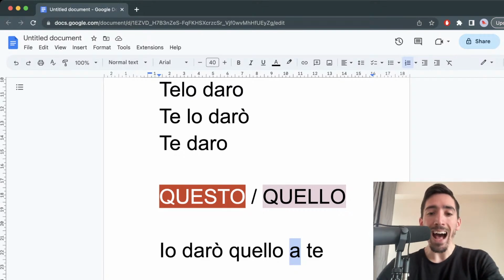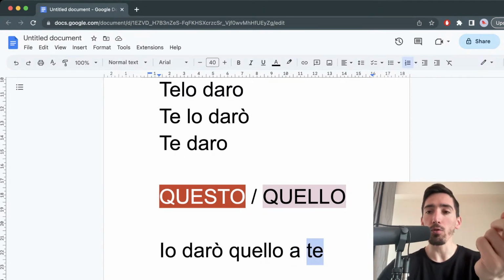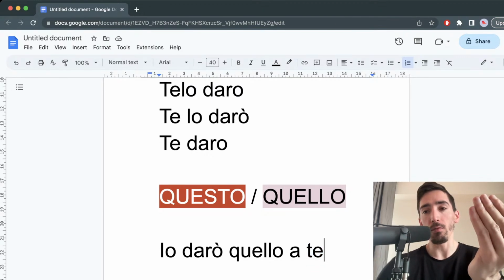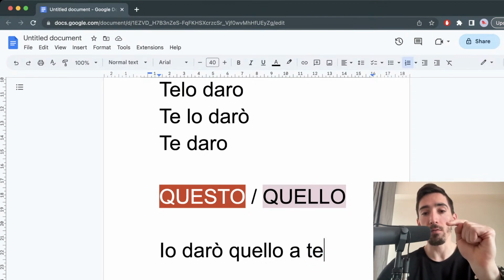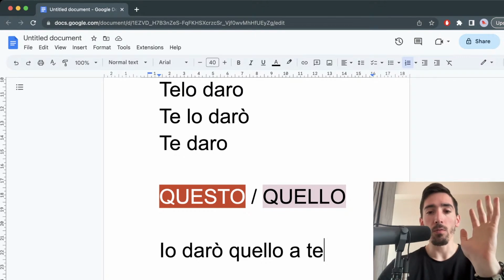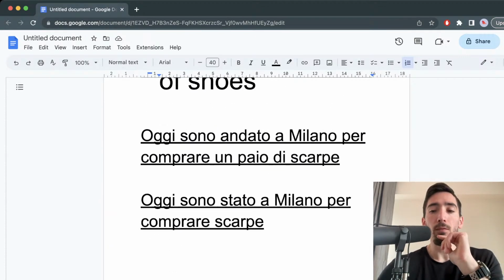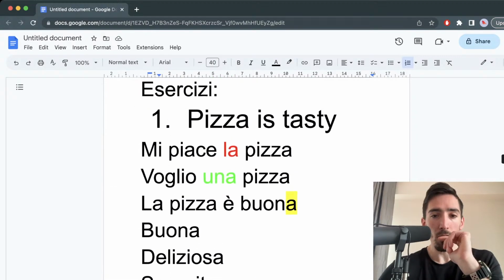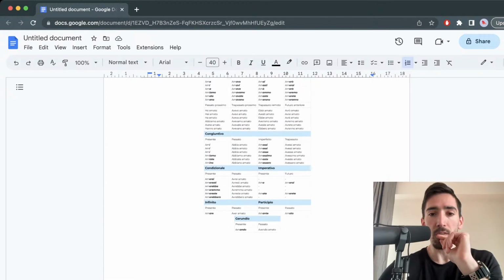Io darò quello a te. Why te and not tu? Because we need the object pronoun, not the subject pronoun, right? So we have lots of tables in the courses that we do.